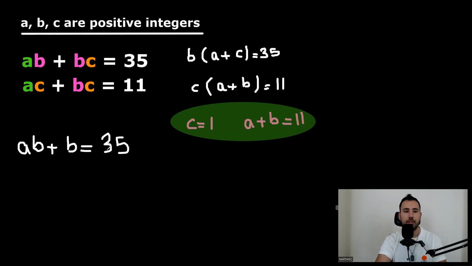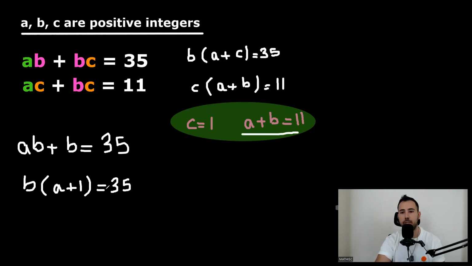We also know that A plus B is 11. So we need to join these two together. So how? Let's just factorize B here. It's going to be B times (A plus 1) equals 35, right? So we know that A plus B is 11.